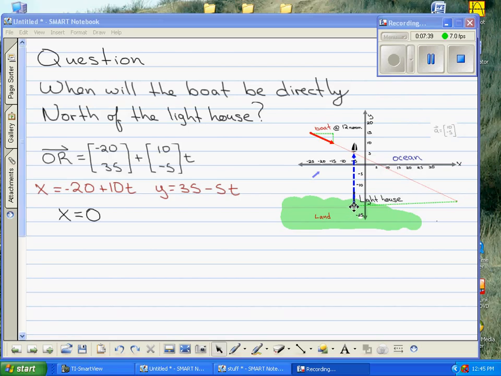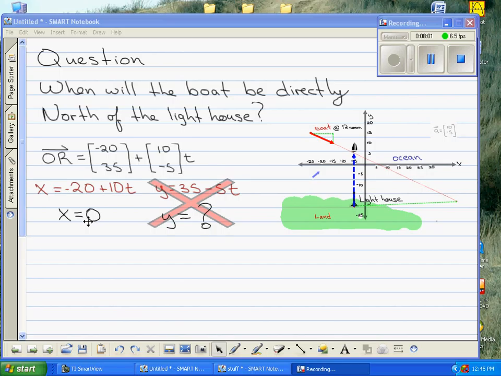How far north is the boat of me? According to the picture, it looks like it's about 5 units. That's a guess. We're not exactly sure, so we don't know exactly what y is. Because I don't know what y is, I don't have to deal with it. I'm just going to deal with what I know.